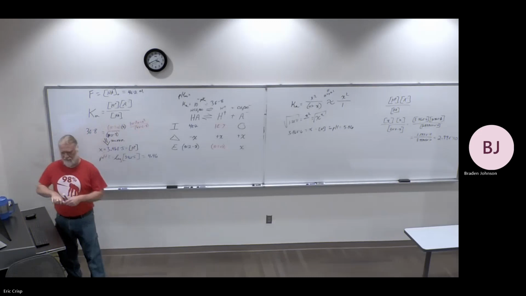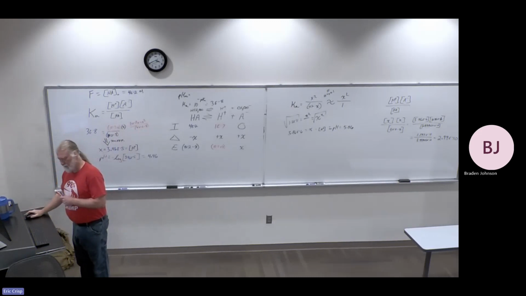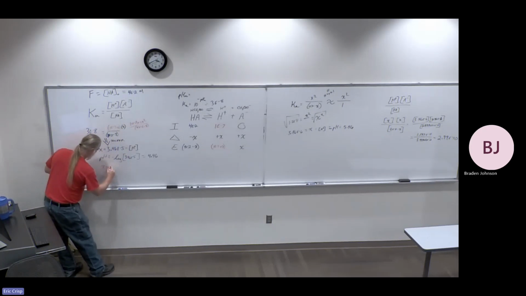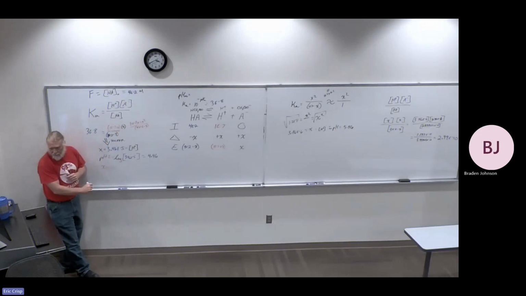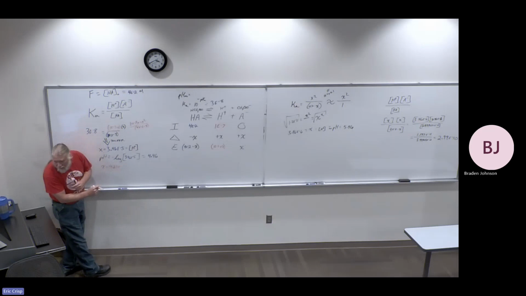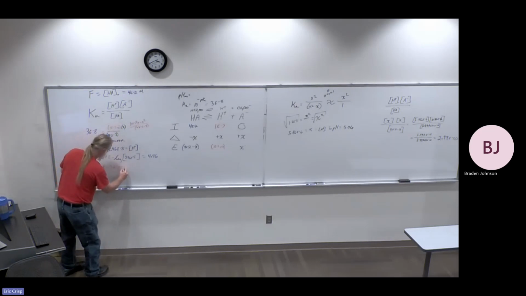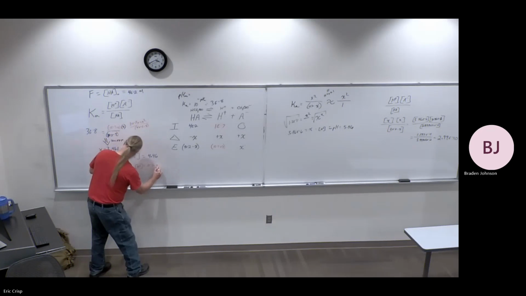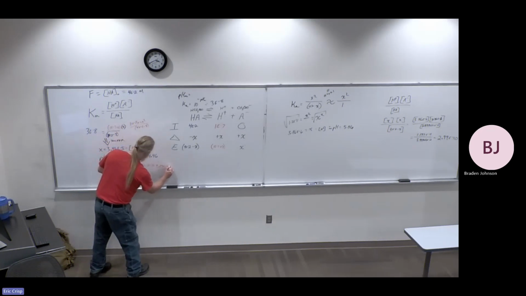All right? Make those math professors happy. We'll get here. So x is 9.23e negative 3. And h plus is more complicated now, right? It is 1e negative 7 plus 9.23e negative 3.